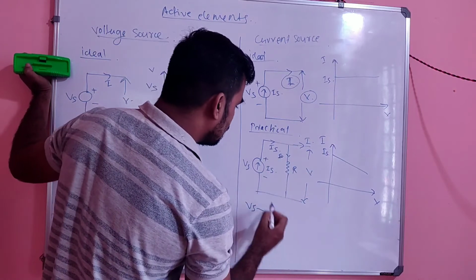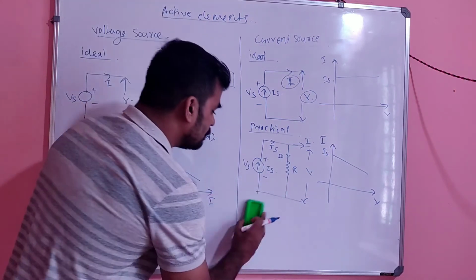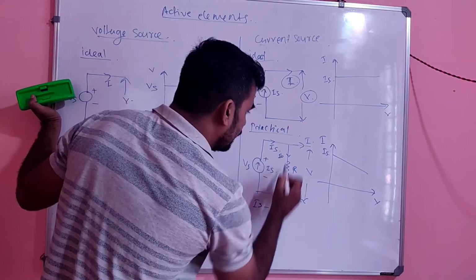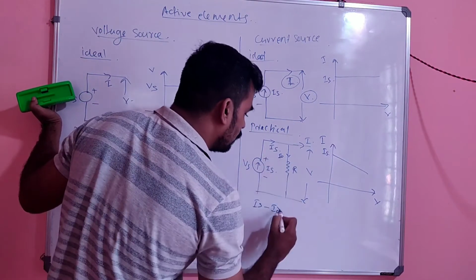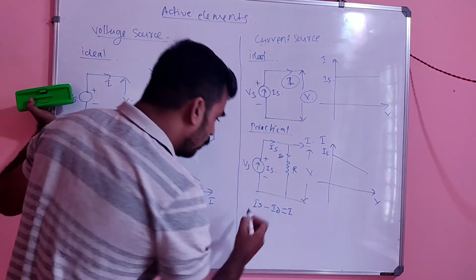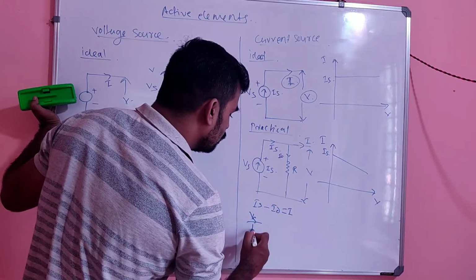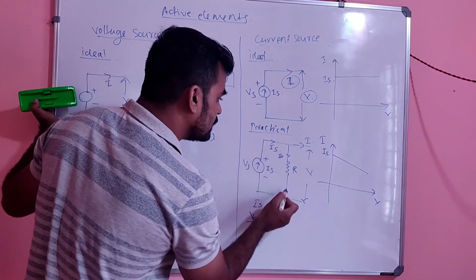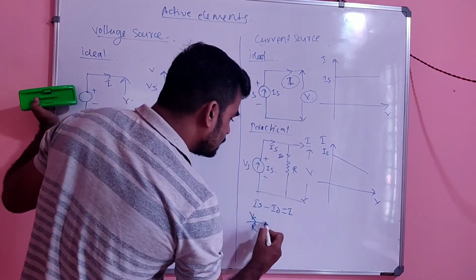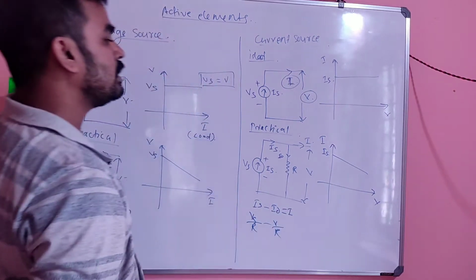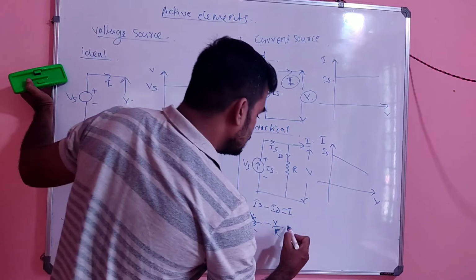So in terms of current we can write it as Is minus I0, let I0 be equal to I. Is is nothing but Vs by R, and I0 is nothing but V by R, which is equal to I.